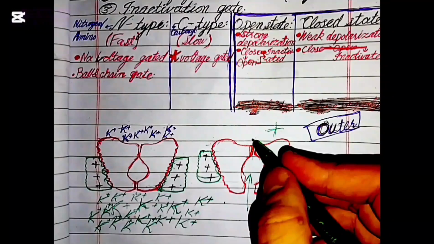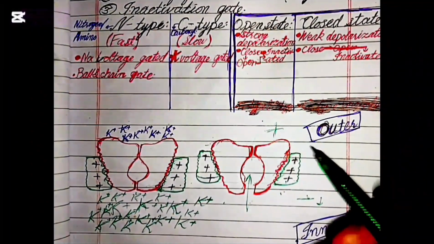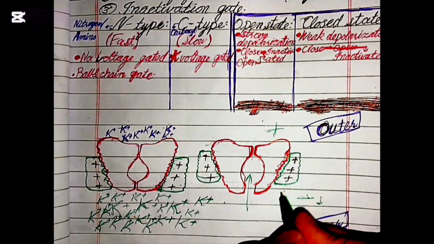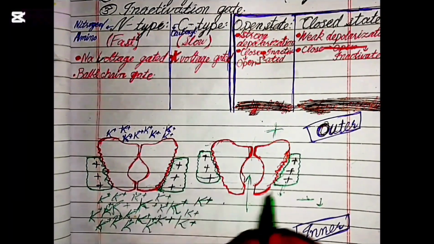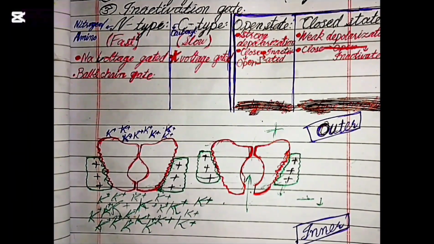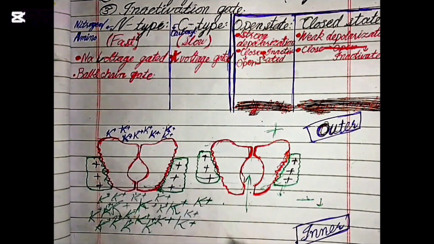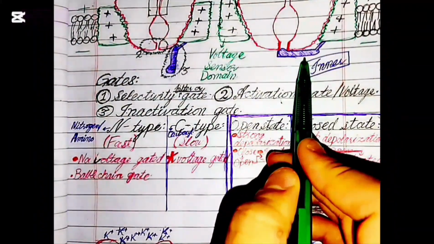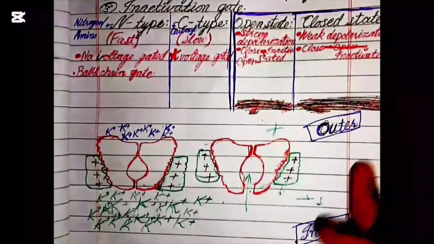After the membrane is repolarized, the negative and positive attract each other, the voltage sensor comes down again and pushes the activation gate, and it retains its original position. So here the inactivation gate closed directly before repolarization in N-type, and here the activation gate closed after repolarization.